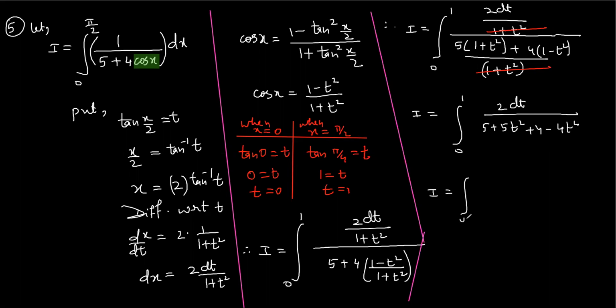So I equals the integral from 0 to 1 of 2 dt upon t square plus 9, since 5t square minus 4t square is t square plus 9. The 2 I will write out: the integral from 0 to 1 of 1 upon t square plus 3 square dt.